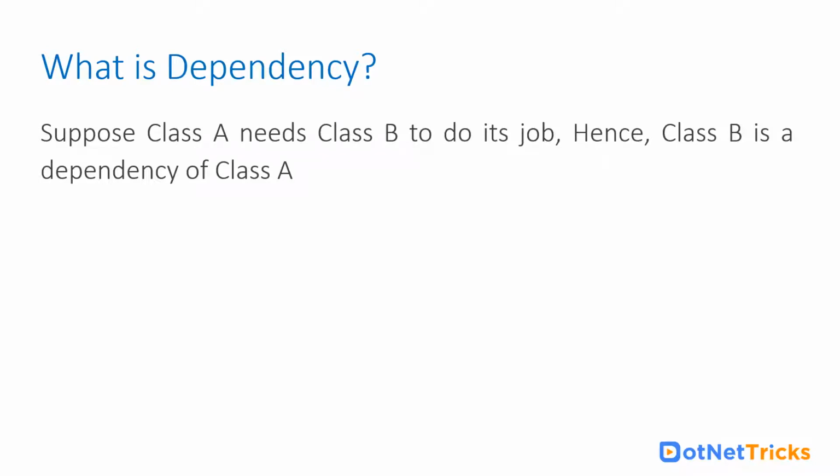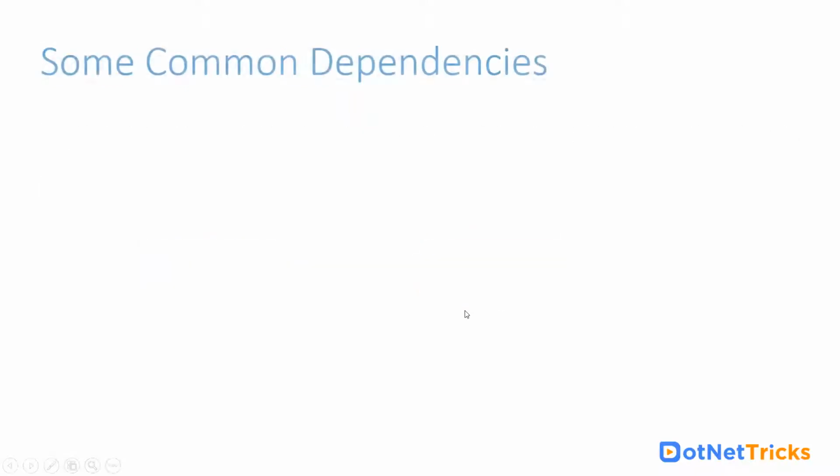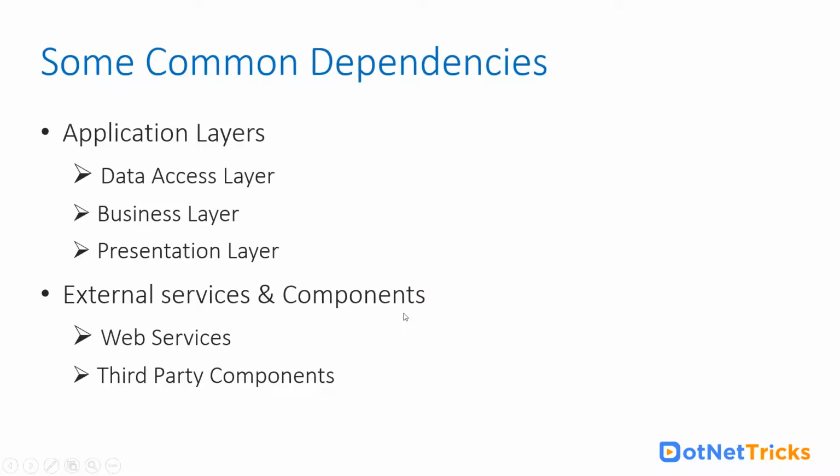So in that case, class B is a dependency of class A. Even in a real-life project, what are the various layers we create in our application? What are the various external services we have? These are examples of commonly used dependencies in our application, isn't it?